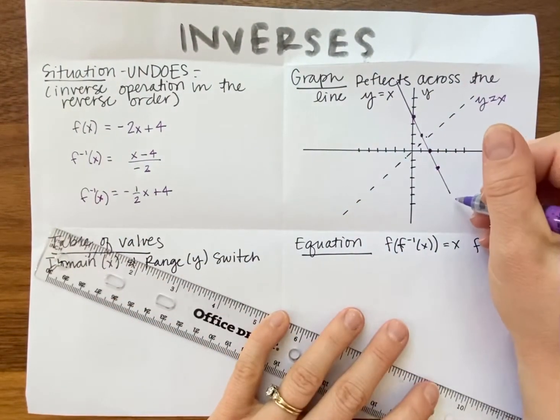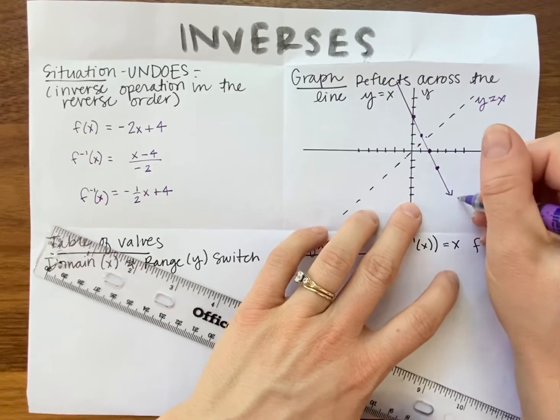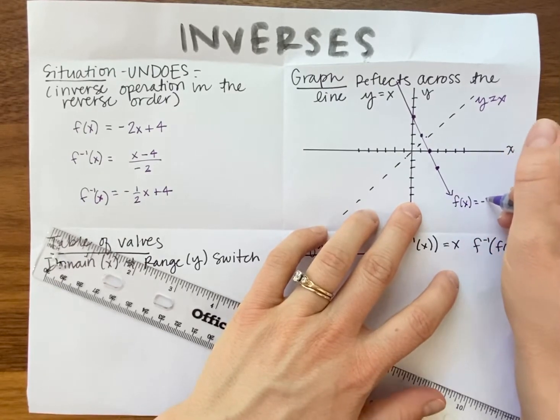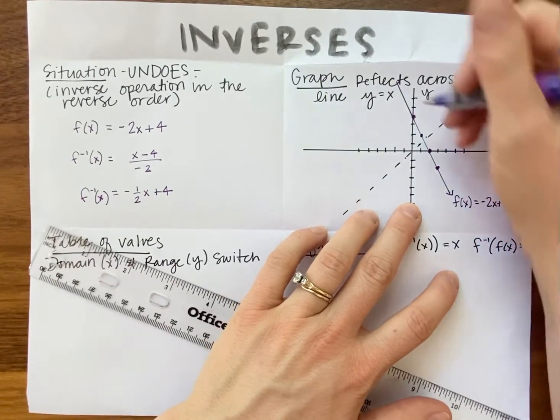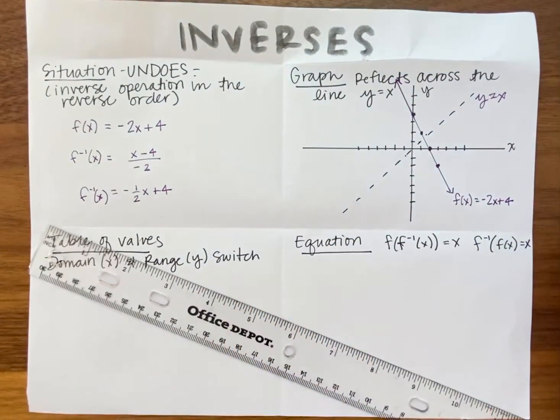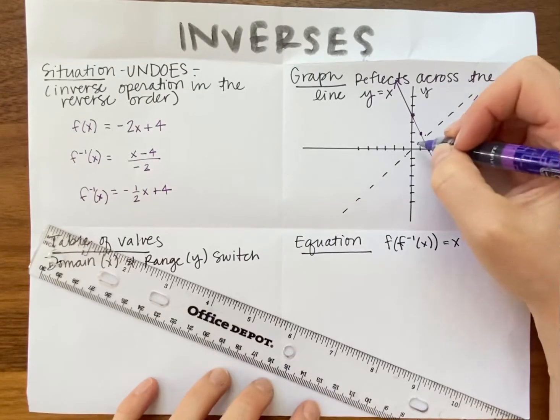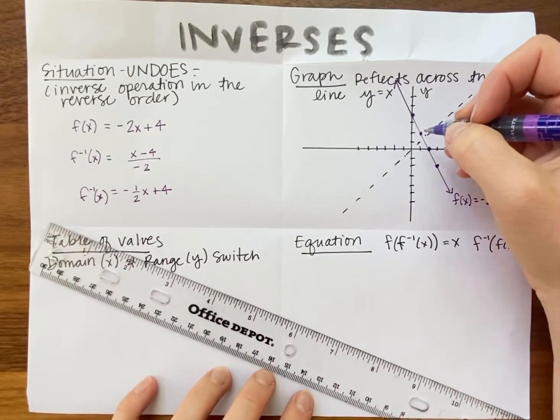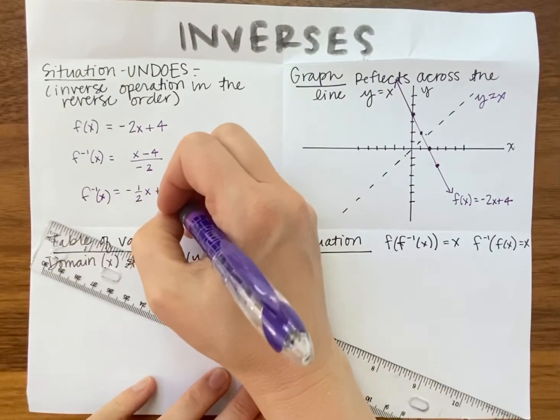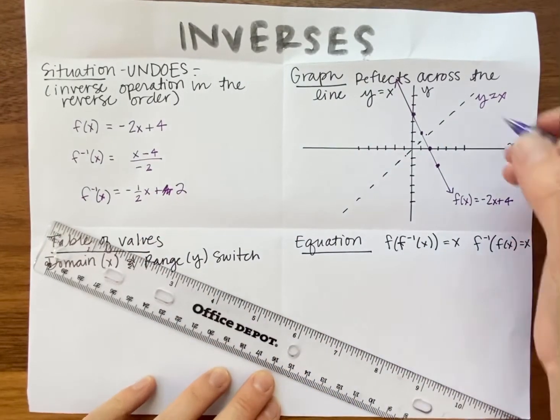So here is the line, our function, f of x equals negative 2x plus 4. Now the inverse function is going to reflect across this line, so let's see. That should be a 2, shouldn't it? Silly me.